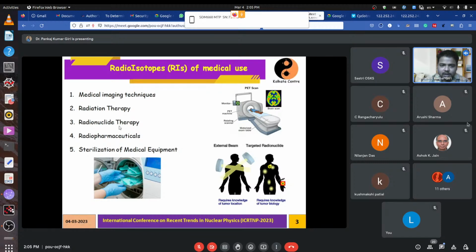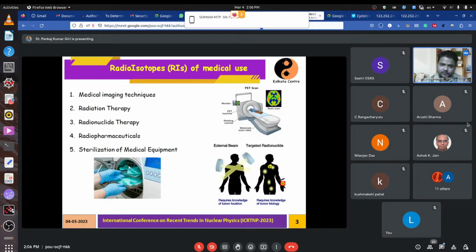But in radionuclide therapy, what we actually do is give the particular radioisotope in some sort of combining agent like a compound, a protein compound, and it is injected inside the body. That compound accumulates at the tumor area or the tumor metastatic region, and that radioisotope continuously emits radiation and eventually cures the tumor cell.